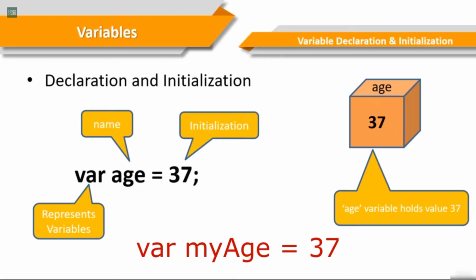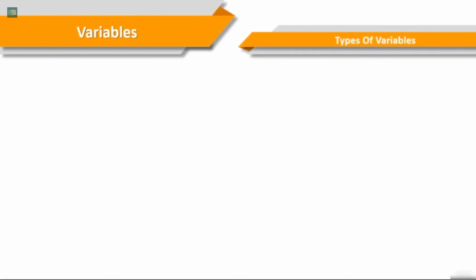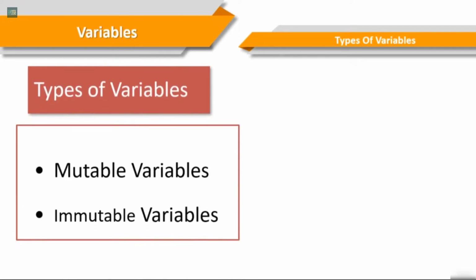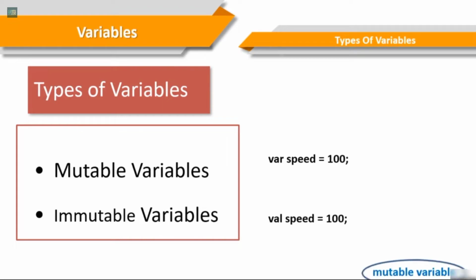All right? So now let's get into the types of variables. We have two different types of variables in Kotlin. Mutable variables are represented by var. Immutable variables are represented as val. Basically, val and var are both used to declare a variable, but var is like a general variable and can be assigned multiple times.